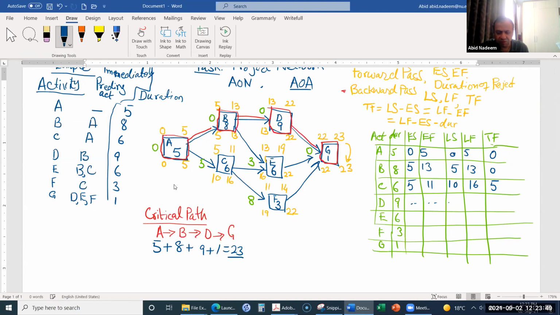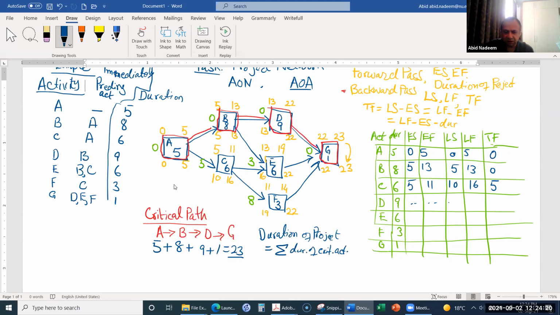So this means that the sum of the duration of the activities on the critical path is equal to the duration of the project. Okay, so this is one observation we have found over here.